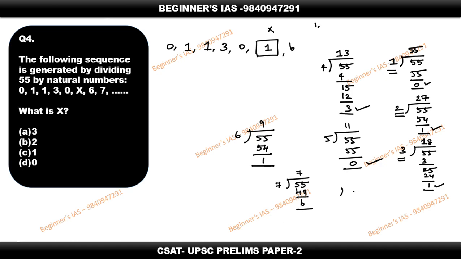Then 55 with 8: 8 sixes are 48, it leaves remainder 7. Yes, it follows. Therefore, we need to identify x alone. In that box, x is equal to 1. Therefore, the answer for this question is 1, the x value. Hope you all understood this concept.